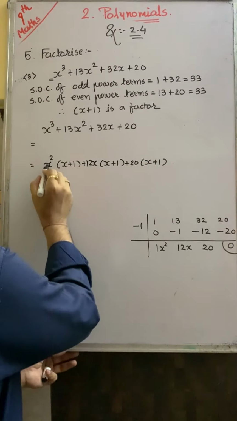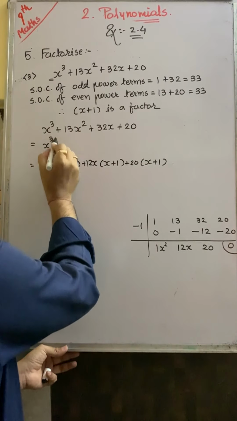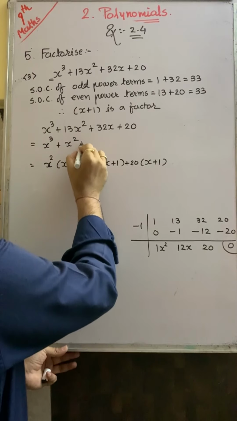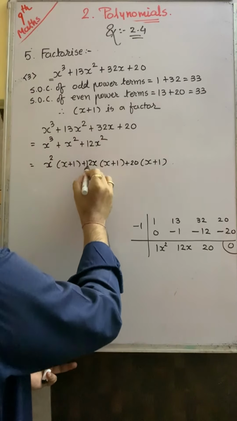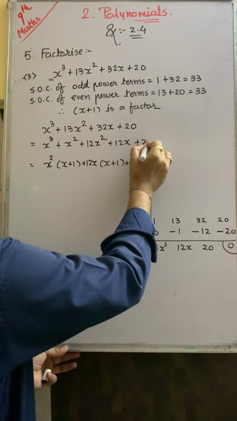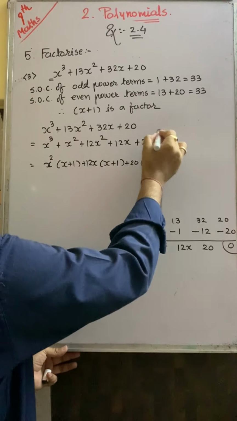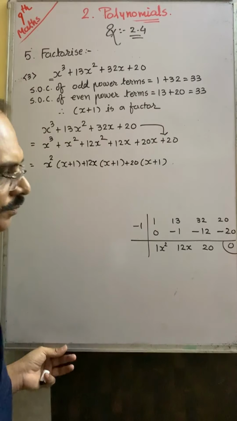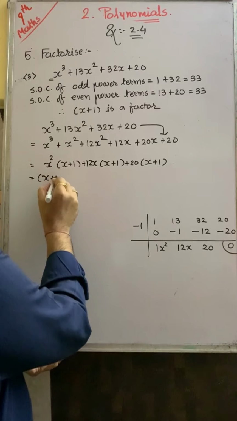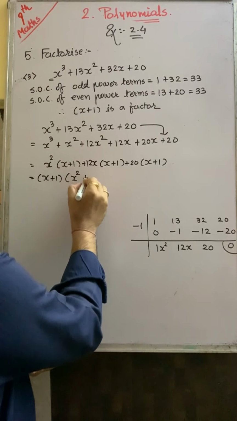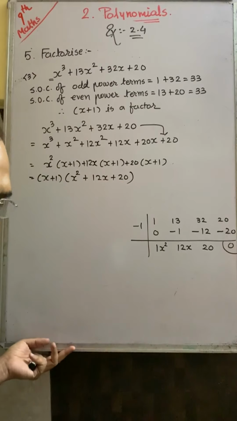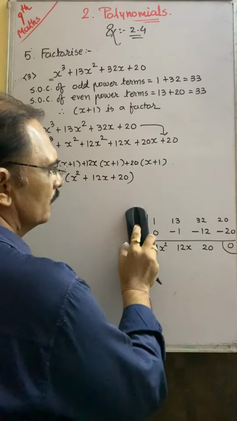Open the bracket. x square into x, x cube, x square into 1 is x square. 12x into x, 12x square, 12x into 1 is 12x, 20x, 20 into 1 is 20, the last term comes as it is, automatically. Now take x plus 1 common, remaining is x square plus 12x plus 20. Okay, now I rub it.